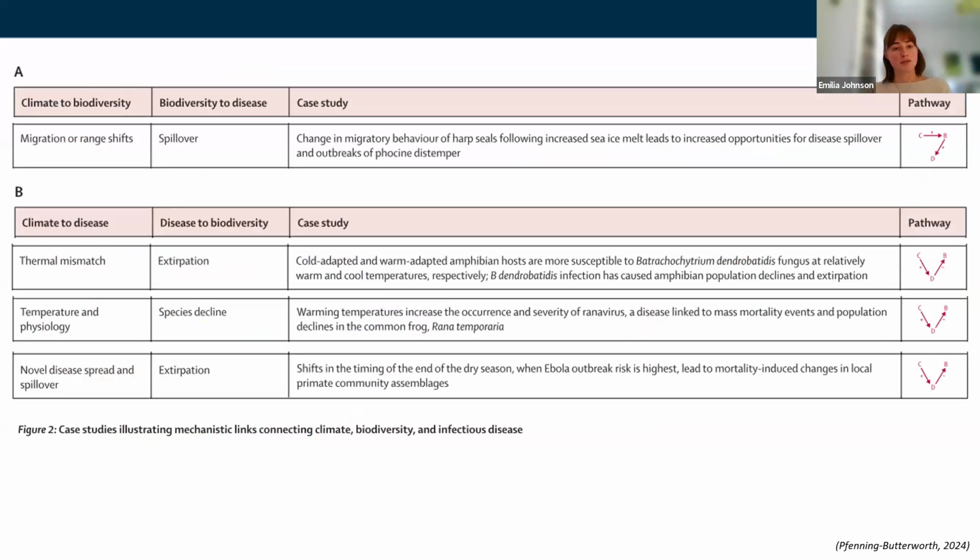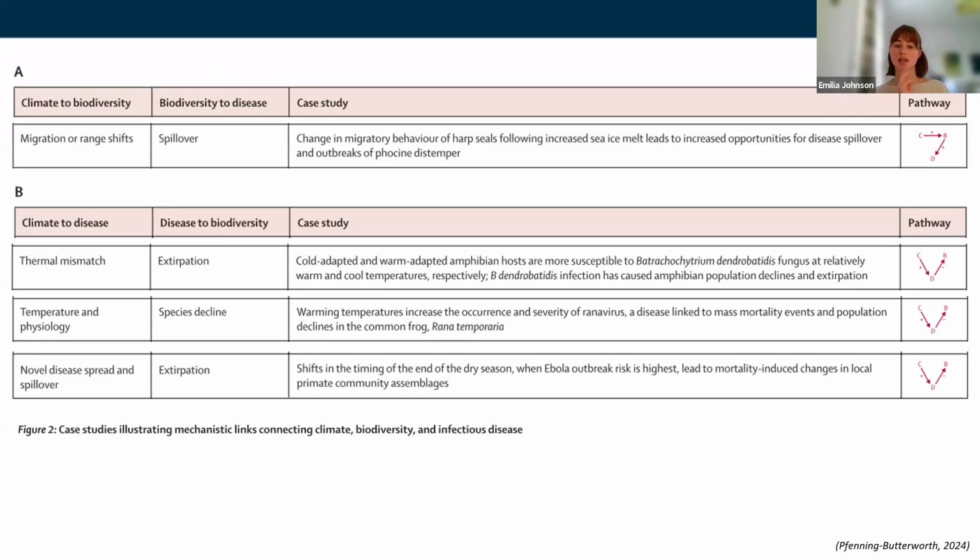Just as a kind of, again, from the same paper, case studies linking all three, so not just disease and biodiversity, but also disease, biodiversity, and climate change. For those who are seal and whale people, examples being phocine distemper, which is really closely related to rabies in humans, and also diseases that affect amphibians.